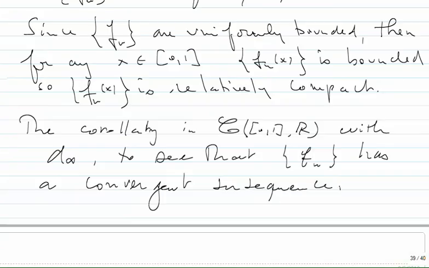Obviously, the convergence is the uniform convergence defined by d_infinity.